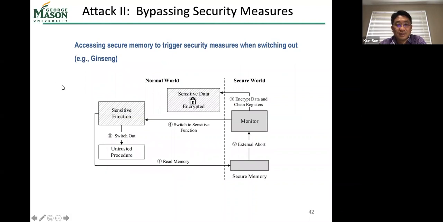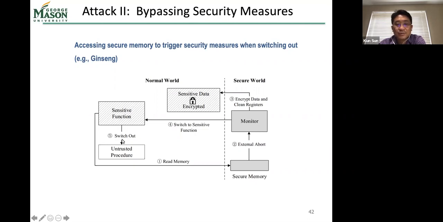Another one is Ginseng, which is also an NDSS 2019 paper. Their idea is to save all the sensitive data in registers, so they can protect it from attackers in the normal world. And they also consider what happens when they want to switch out.